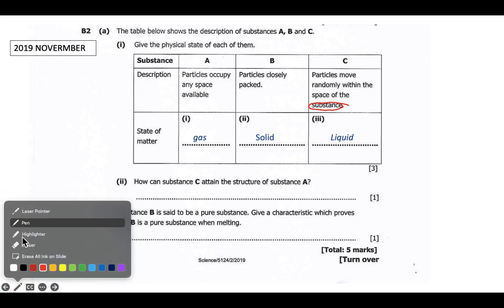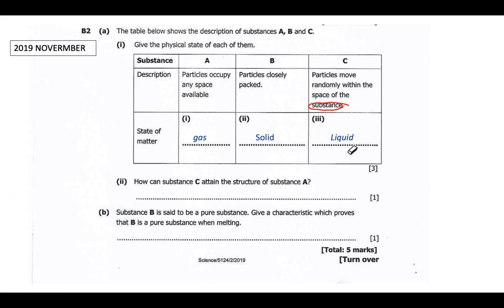So in our case, we can look at the other question, which is 2. How can substance C obtain the structure of substance A? So this is now coming to changes of states of matter. How can we make this substance, which is a liquid, be converted into a gas?